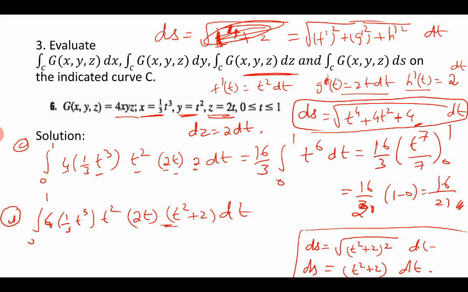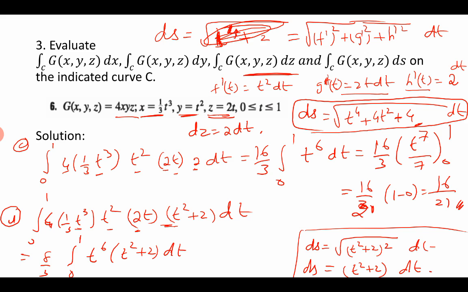Now the constant 2 into 4, 8 over 3, integral 0 to 1, t power 6 into (t square plus 2) dt.